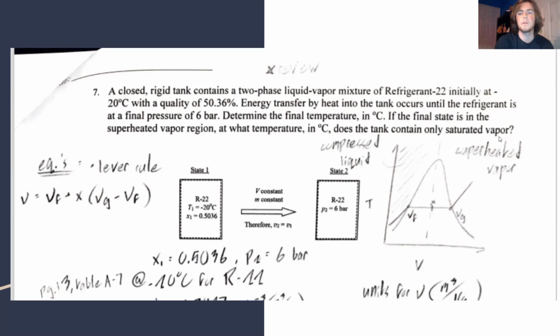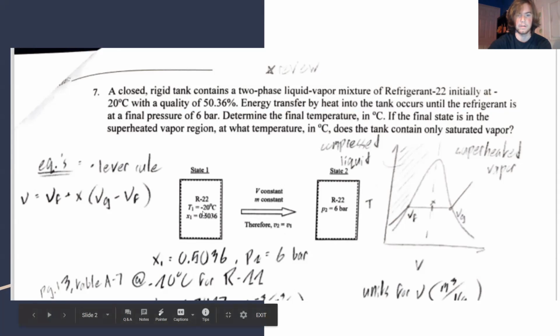So the equations we're going to be using in this problem are a lever rule and the specific volume equation with the quality factor in it. The reason I knew to use these equations is that it mentioned quality factor. That's a giveaway. State 1 has R22 and state 2 has R22.